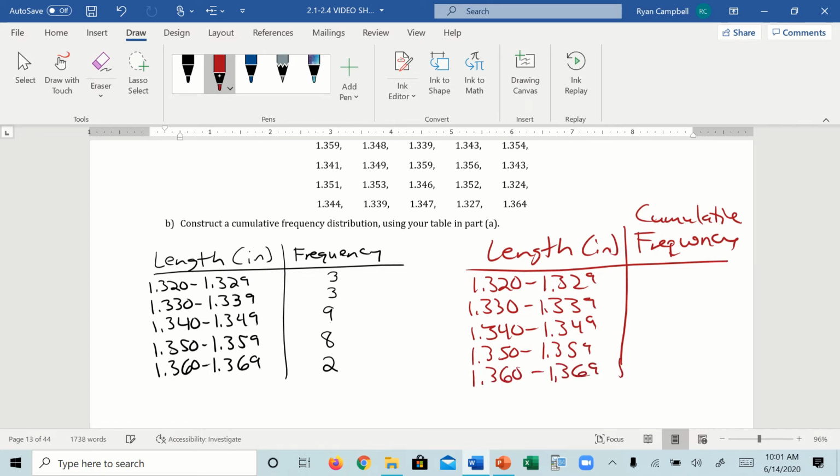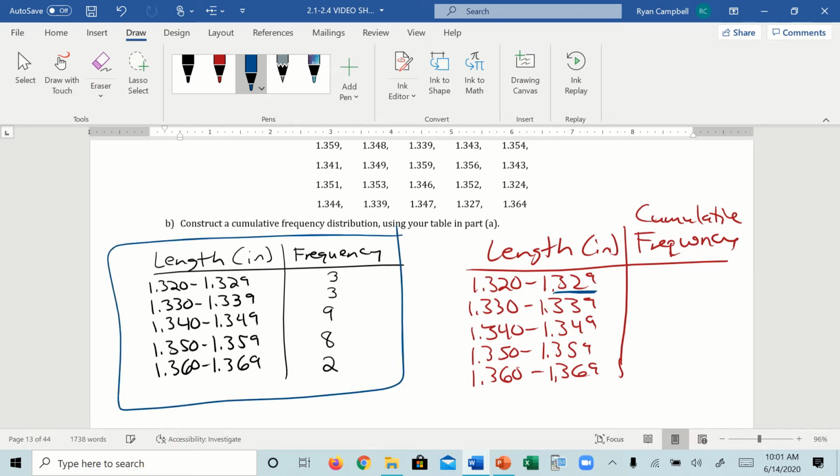What we do is look at the upper class limit and ask how many numbers are at most 1.329. How many from this graph are no more than 1.329? Hopefully you can see it's these three, between 1.320 and 1.329. So there are 3 numbers less than or equal to 1.329.